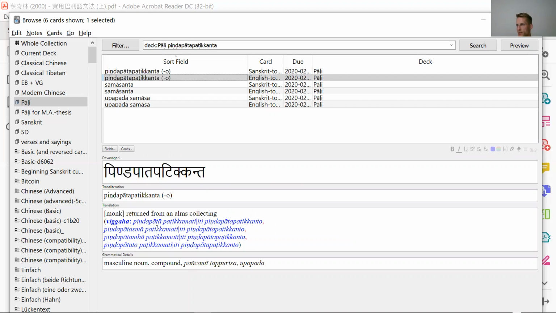So pindapatasma, pindapatamha, pindapatato, patikamati, iti, pindapata patikanto. So coming back, returning from an alms round or from an alms collection, hence, how to say it, a monk returned from an alms collection, more or less.